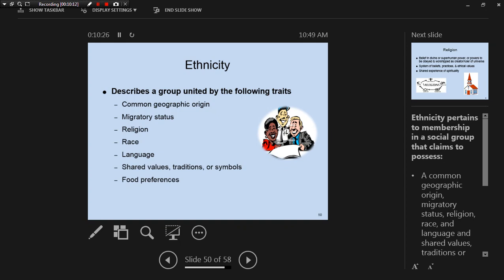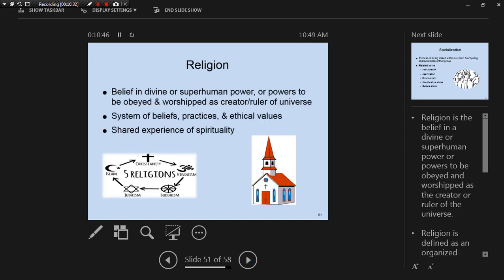Shared values, traditions, or symbols might be more in line with culture. So culture tends to fall maybe under ethnicity. Ethnicity is much more tangible and observable, whereas culture is much more broad and it's the entire patient. So be able to know the difference between culture and ethnicity.